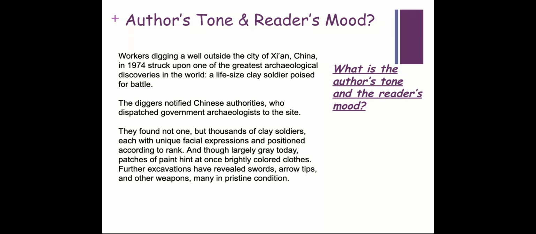They found not one, but thousands of clay soldiers, each with unique facial expressions and positioned according to rank. And though largely gray today, patches of paint hint at once brightly colored clothes. Further excavations have revealed swords, arrow tips, and other weapons, many in pristine condition.